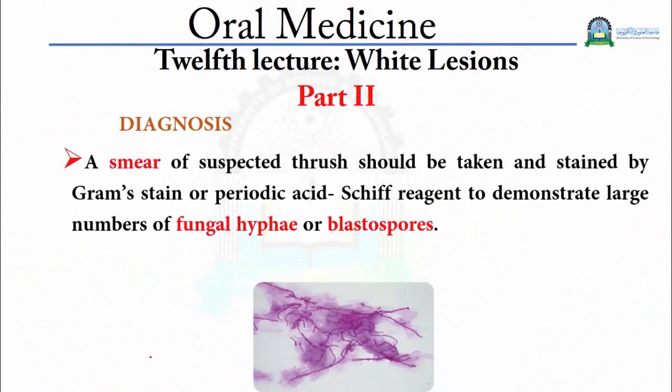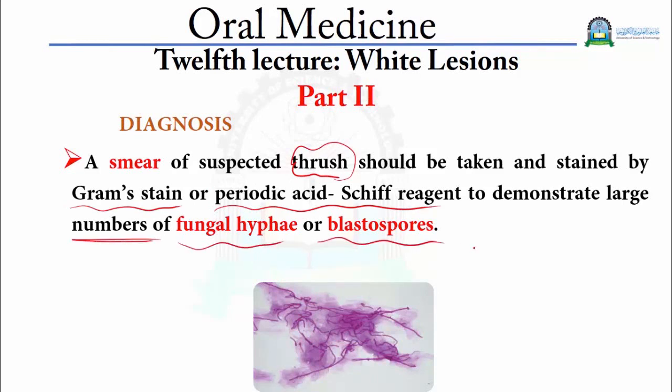The diagnosis of candidiasis: smear of suspected thrush. The oral thrush can be diagnosed by taking a smear from the lesion and staining it with Gram stain or periodic acid-Schiff reagent to demonstrate large numbers of fungal hyphae and blastospores.